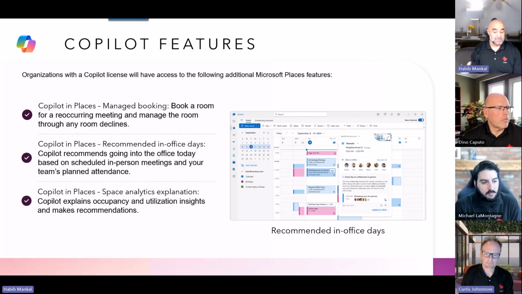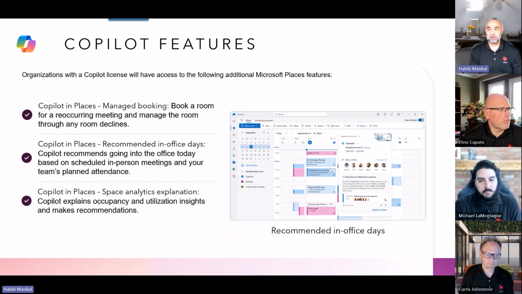And I can use Copilot in natural language to be able to do that. And then lastly is the analytics side, right? If you really don't want to dig deep into some of those things, you can use Copilot to ask questions like, hey, what floors in my office are underutilized on specific days, because maybe you turn off the lights on that floor because you feel it's underutilized, or you make it unavailable.